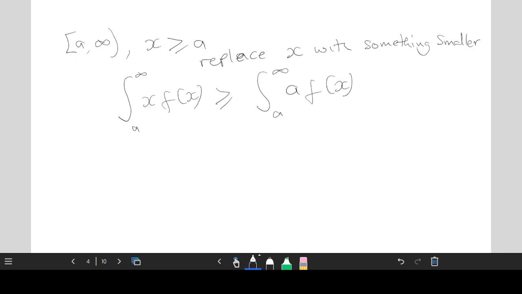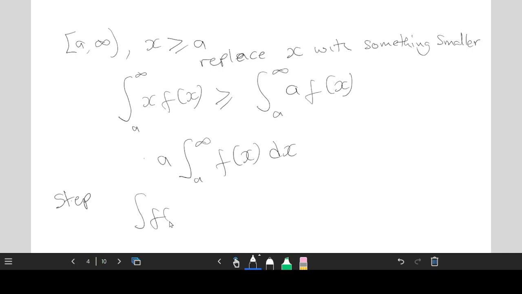And we all know, since a is a constant, we can bring it out of the integral. I forgot to bring the dx. So a can be out of the integral. But recognize something. That's step 6.